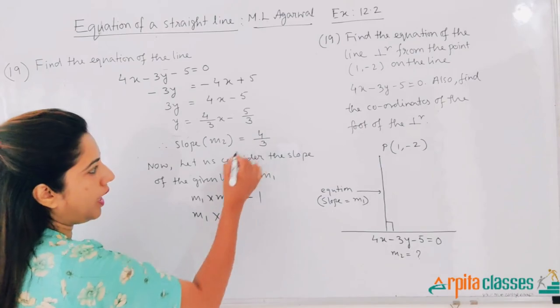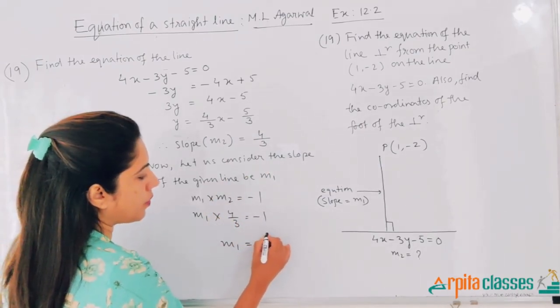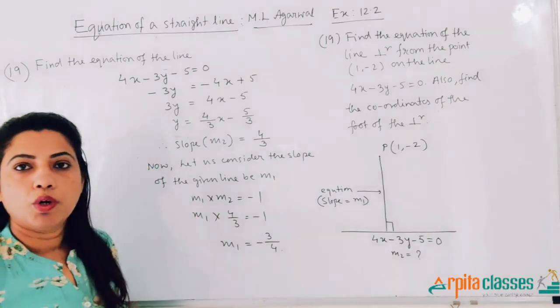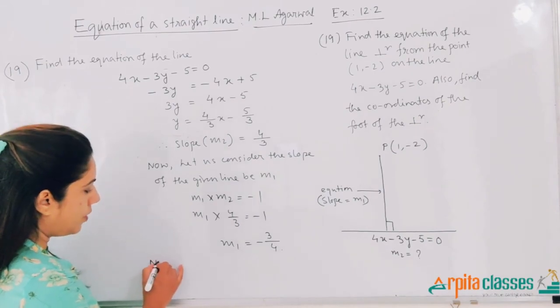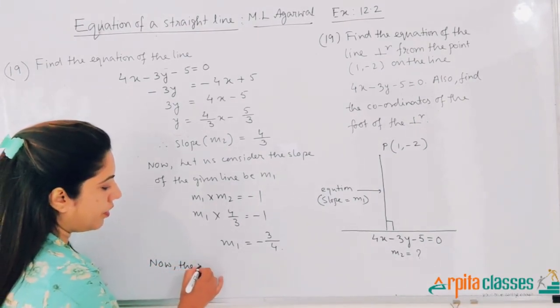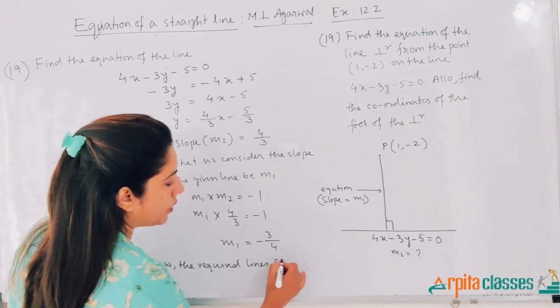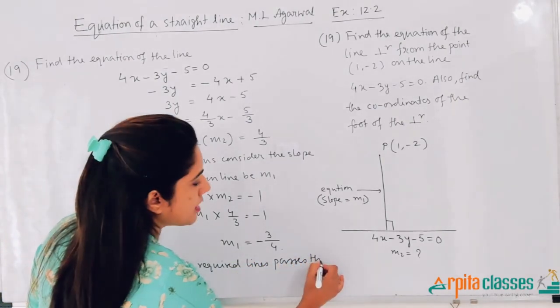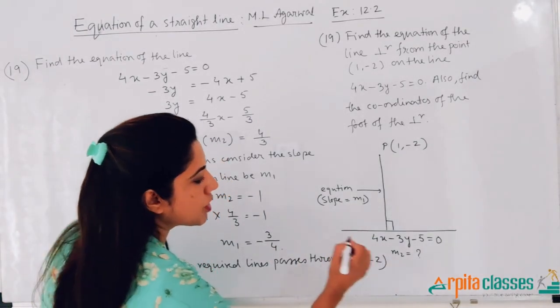So M1 times 4/3 should be equal to -1, or M1 is equal to -3/4. So this is the slope of the required line. Now the required line passes through this point (1, -2).